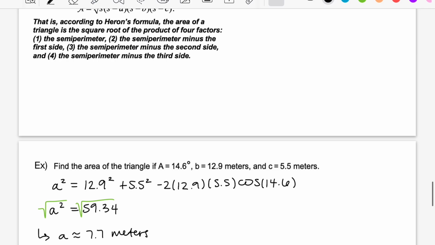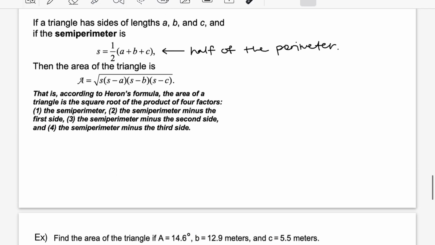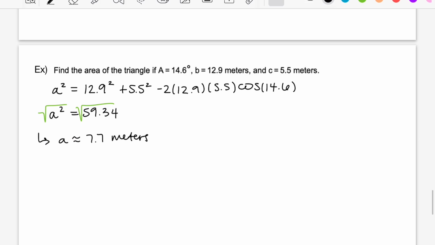Okay, so now that we have all three side lengths here, we can plug this information into this formula here for S. Plugging this into our calculator, this will be equal to 13.05.